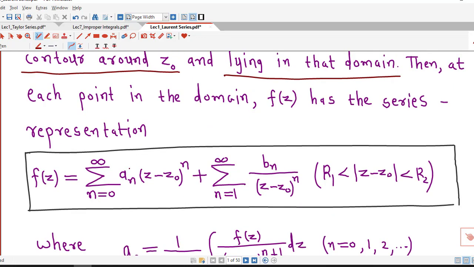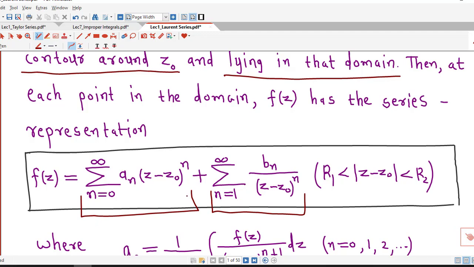If we observe here, the first part contains non-negative powers of z minus z0, and here (z minus z0) raised to n is in the denominator. That means it contains negative powers of z minus z0. So if we have a Laurent series expansion, then we may have negative powers of z minus z0 also.